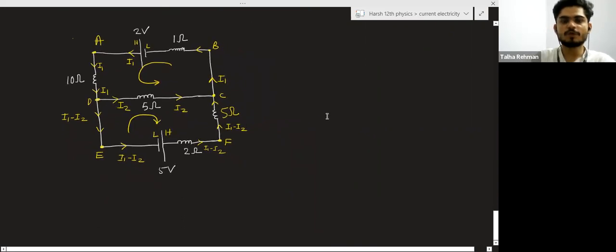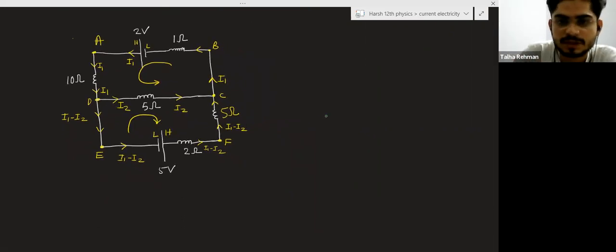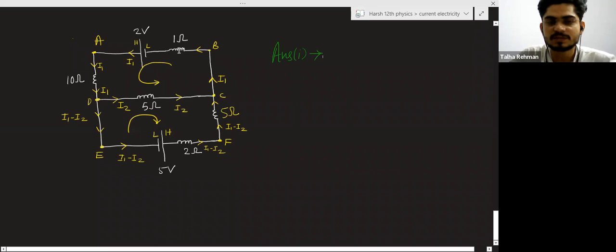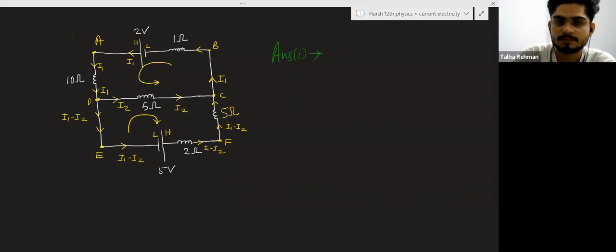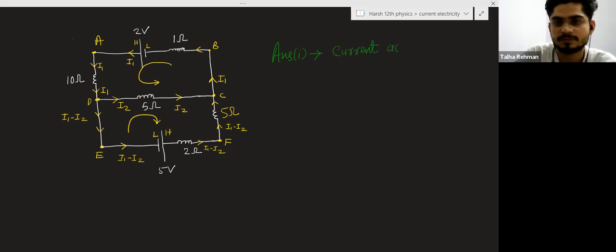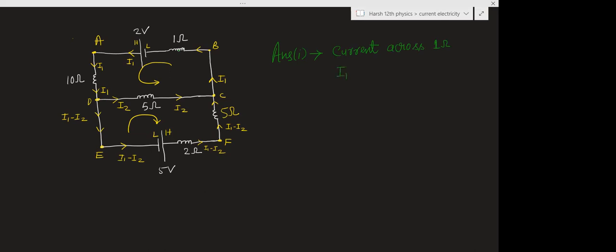Now what is the current across the 1 ohm resistance? It's I1, right? What is the value of I1?